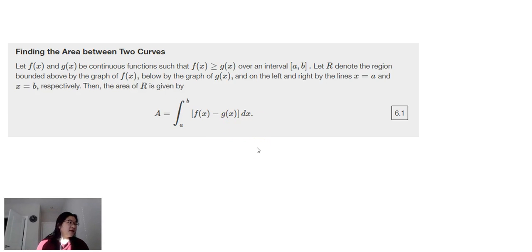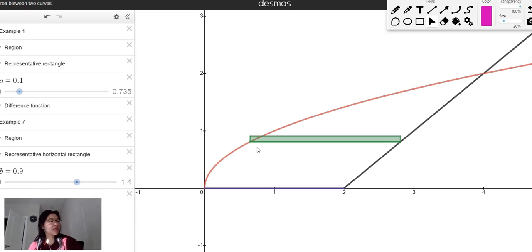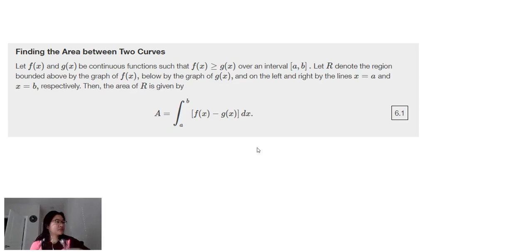And if we're looking at a horizontal region, like this one, then the way that we would set this up is that f of y is greater than or equal to g of y. So that means that f is the right function, g is the left function.